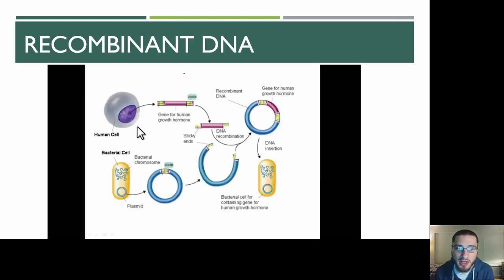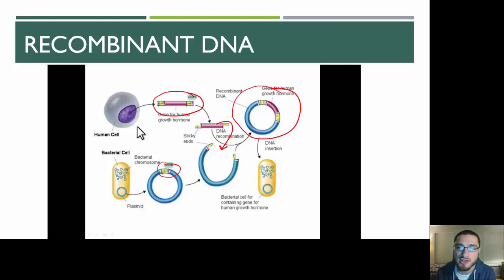This just gives you a diagram that shows you that we have a human cell and we have a bacterial cell, and we are going to cut out a gene from the human DNA. Then we're going to cut out a little piece of the genome of the bacteria to make room for it, and we're able to insert this DNA into this space.